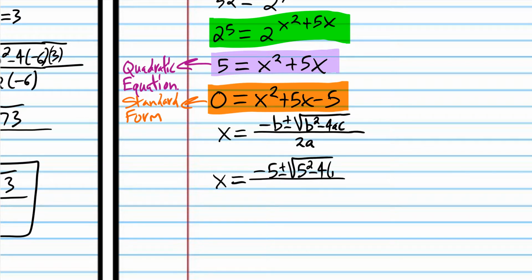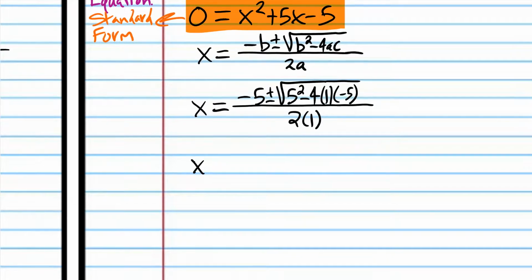That's the coefficient of x squared, and c is -5. So now I'm going to simplify the root part in my head because it's going to make this go a lot faster. So -4 times 1 is -4, -4 times -5 is 20, 5 squared is 25, 20 plus 25 is 45. You see how fast that goes if you do that in your head?